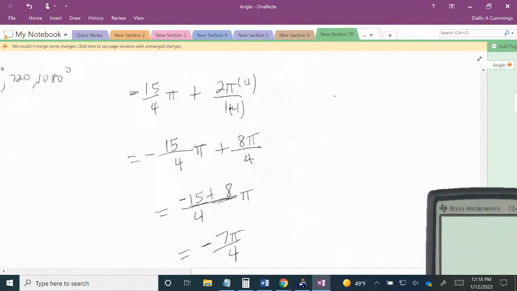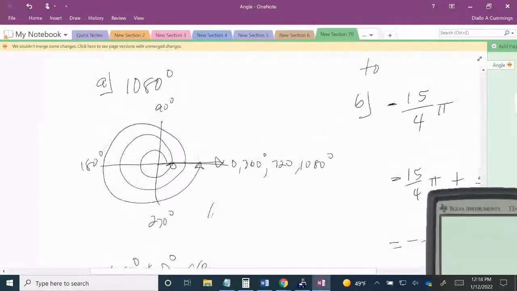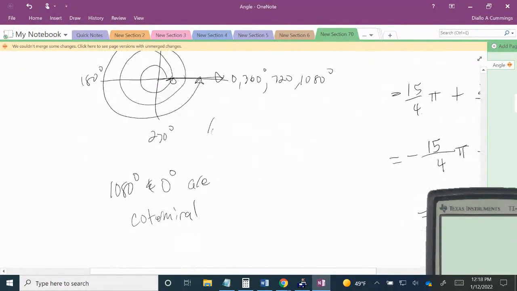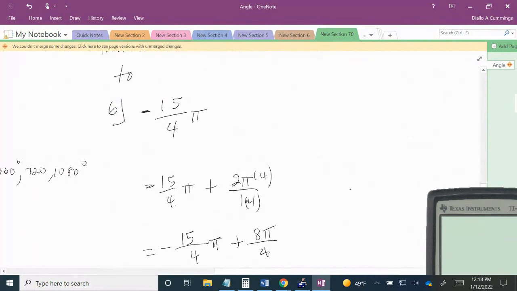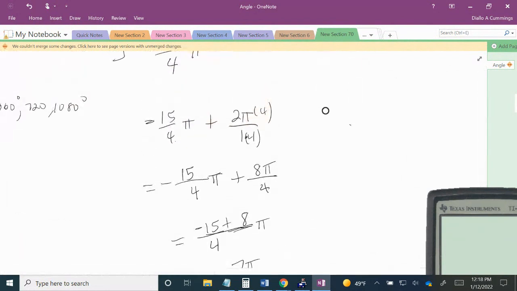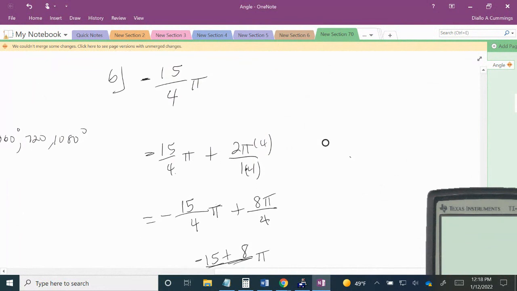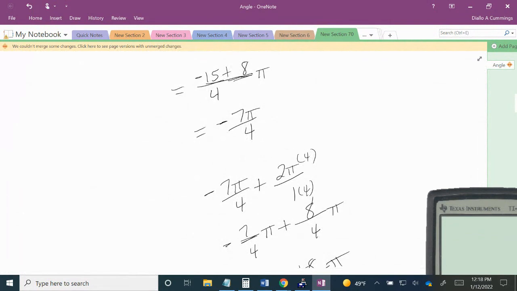Like for our first one, we were given 1080 degrees, so we answered the question in degrees. For the second problem, we're given the question in radians, so we must answer the question in radians. All right, so the angle that is coterminal with negative 15 pi over 4 would be pi over 4.